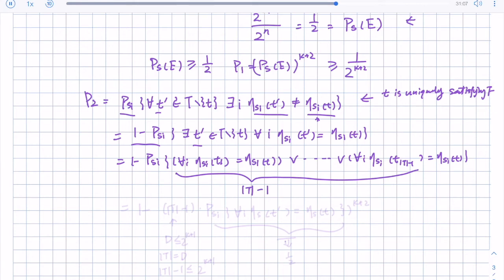Then we can say this probability is at least 1 minus D minus 1 times the probability that a randomly chosen T prime from the set of satisfying assignments that's different from T satisfies all the gadgets as T does.